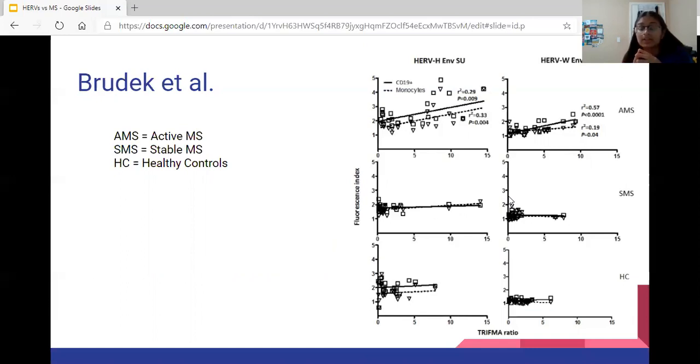In this study, they did ENV antigens. This means that even though the amount of antibodies they were releasing was increasing, the amount of ENV activity was not. So there's a relatively small amount of ENV proteins.